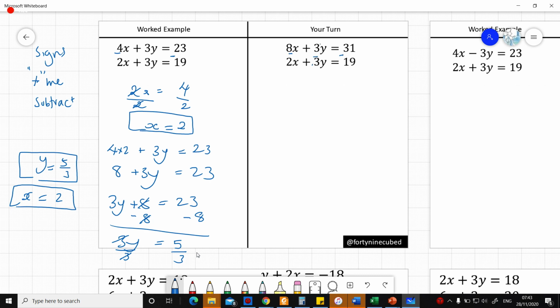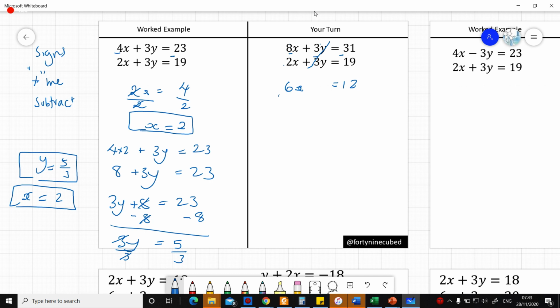So 8 take away 2 gives me 6x, and 3 take away 3, we have eliminated the y. And 31 take away 19 is going to give me the following. I think it's 12, but let me double check. 31 take away 19. Yes, it is 12.